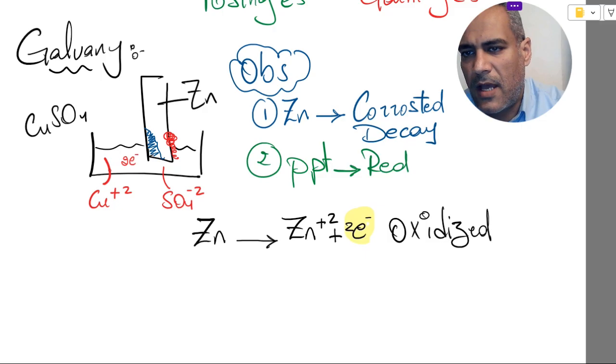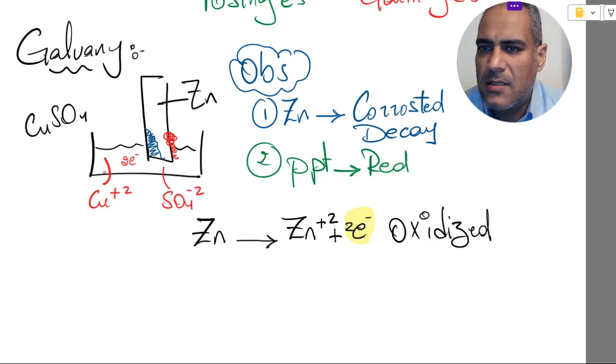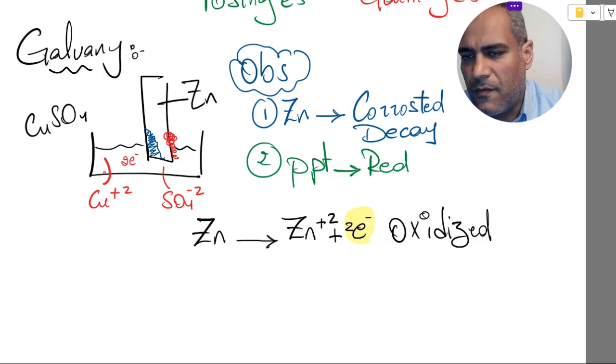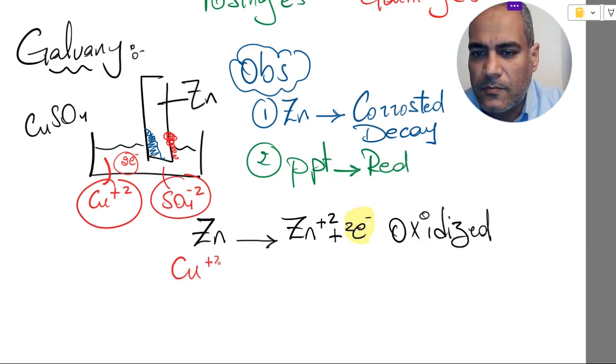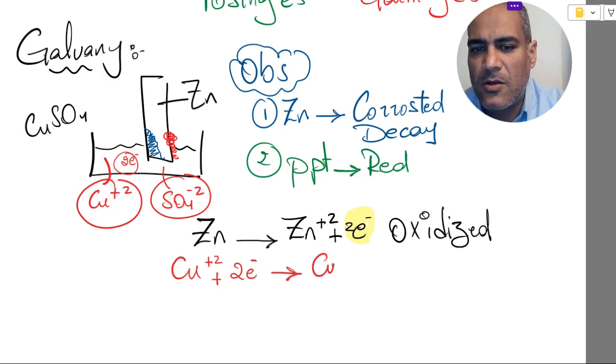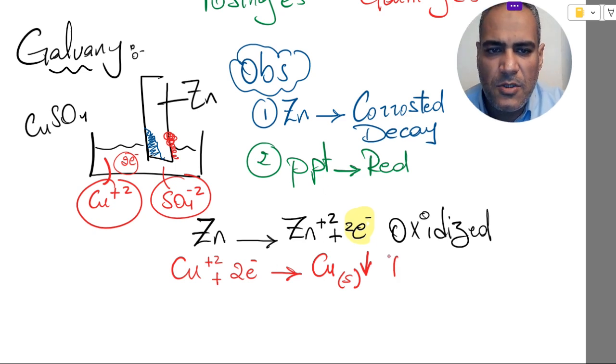So think about that. If we have two electrons dissolving in the solution, they will react with either the positive or the negative ion. Sure, they will be directed to the positive ion. Then the copper will gain two electrons and be transformed into solid copper, which is precipitated on the other side of the rod. Gaining electrons means it is reduced.